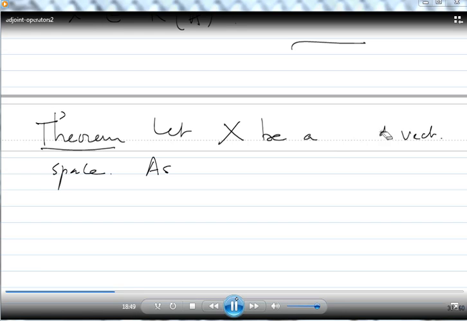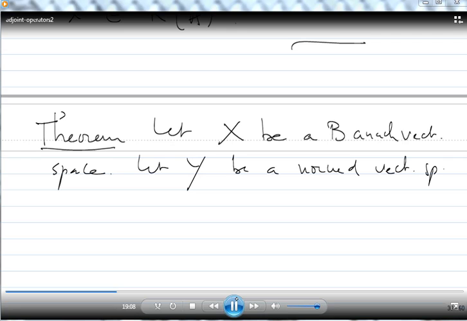Let X be a Banach space, a Banach vector space, and let Y be a normed vector space. Let A be a bounded linear operator from X into Y.